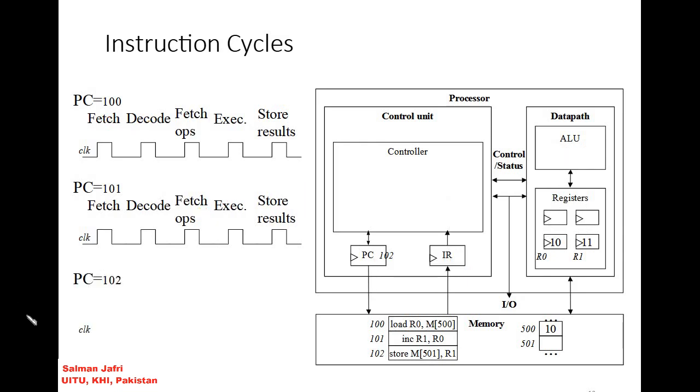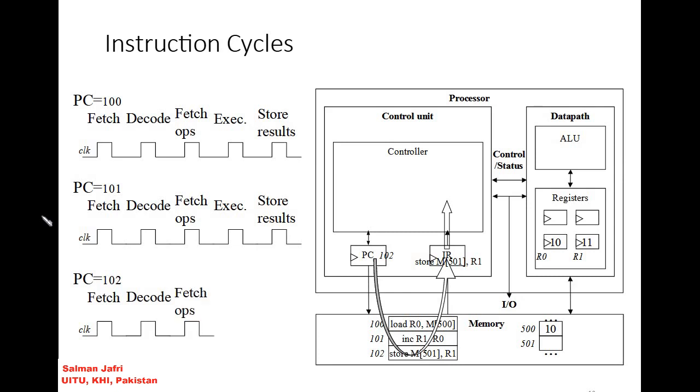Now after this, program counter is pointing to 102, which is this instruction. So we fetch, we decode, no fetch operands is required, right, because it's a store operation. The value of R1 is going to be saved into the memory location 501.